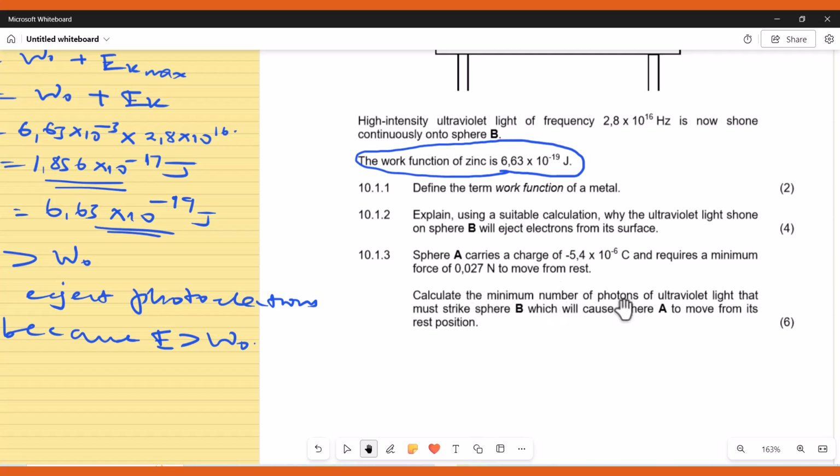Calculate the minimum number of photons of ultraviolet light that must strike sphere B, which will cause sphere A to move from its rest position.